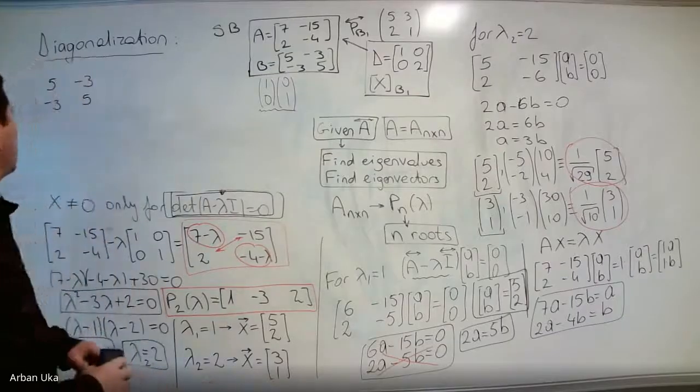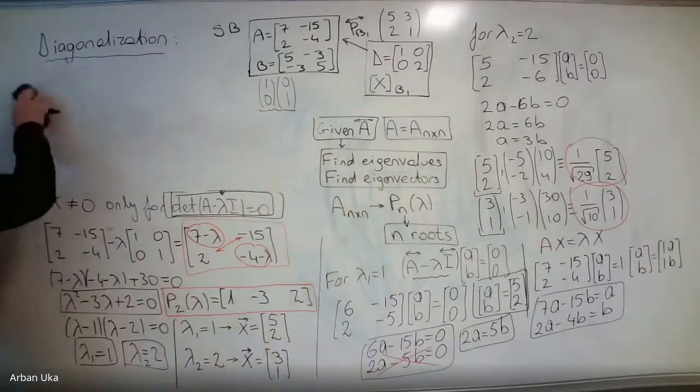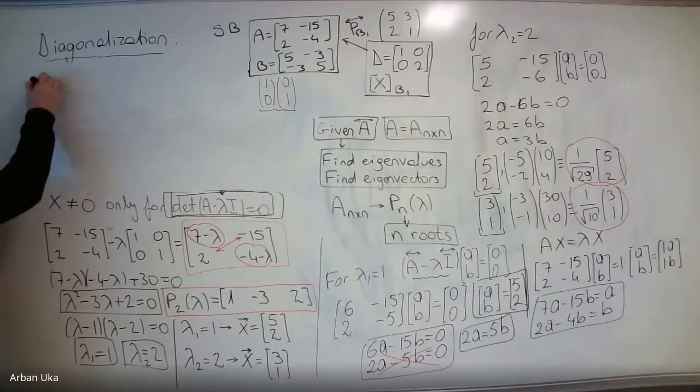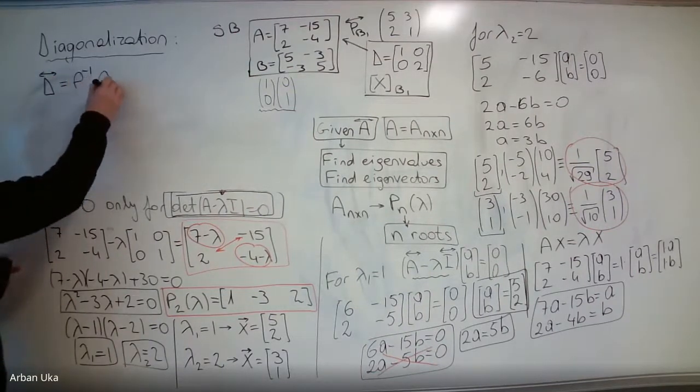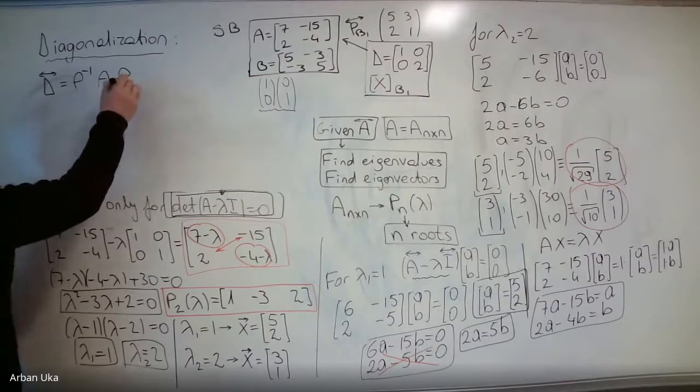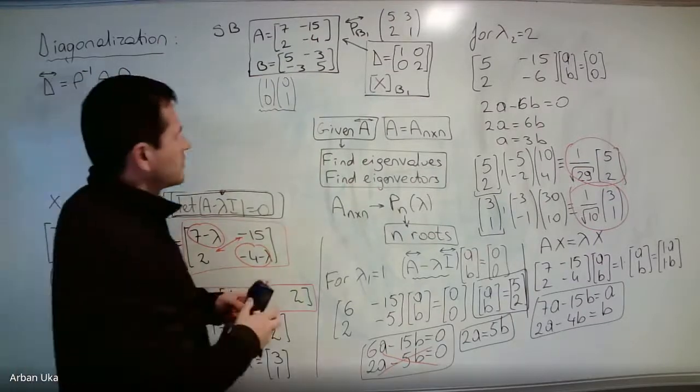Yes, and actually I had written it here, but I just erased it. The way that the matrix A is transformed is in this way, times P. So it was a good question.